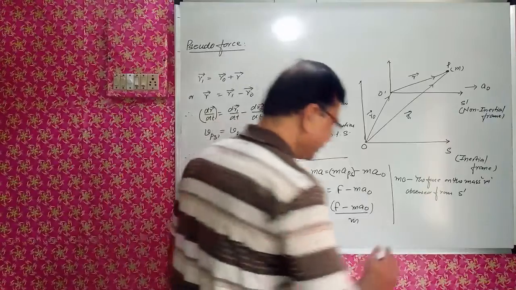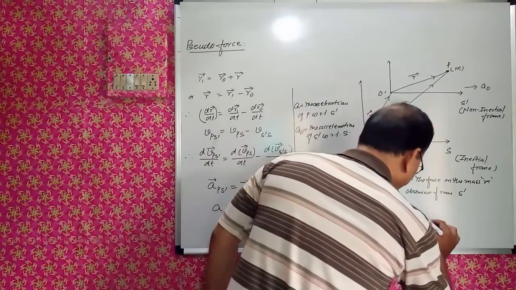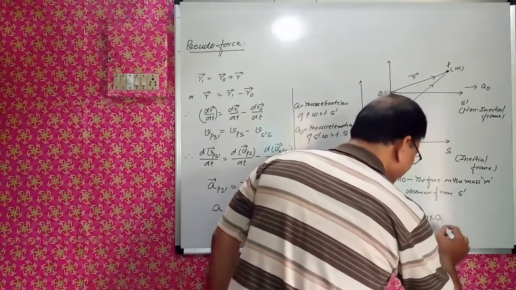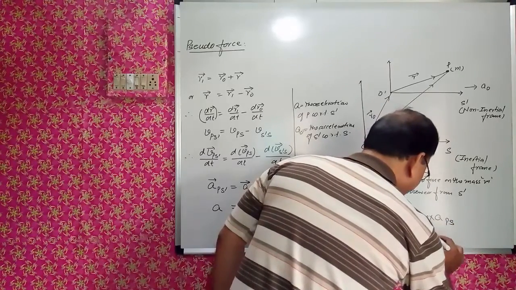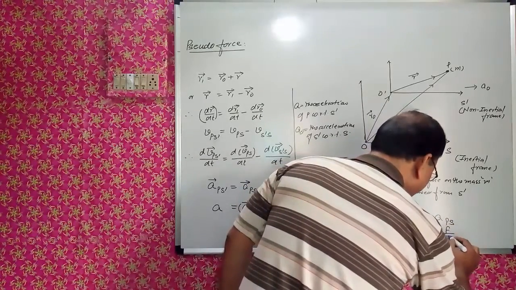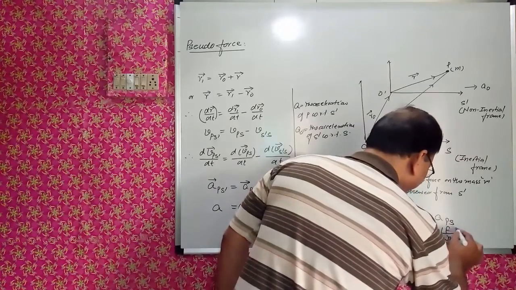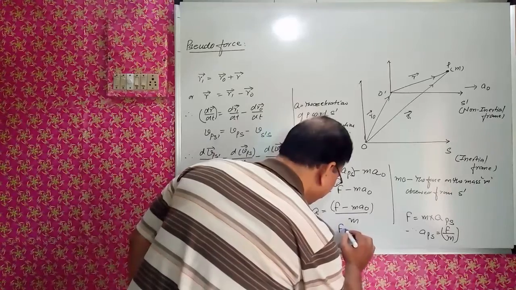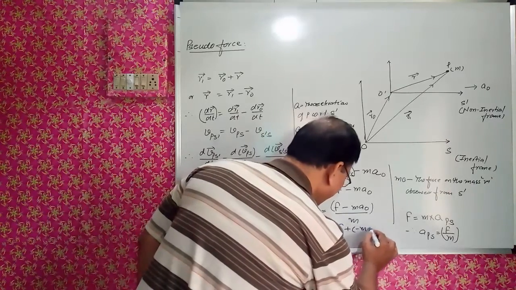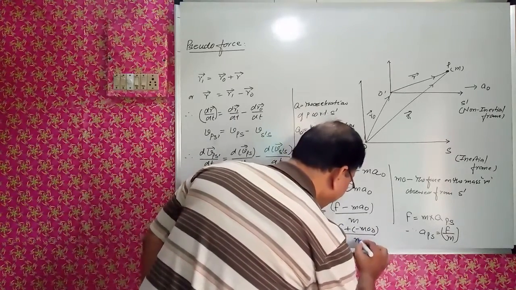if you look at it, the total force is F, the mass is m, and the acceleration is, suppose, a ps. So a ps is equal to the total force acting on the object divided by m. Therefore, this can be written as F minus m a naught upon m.